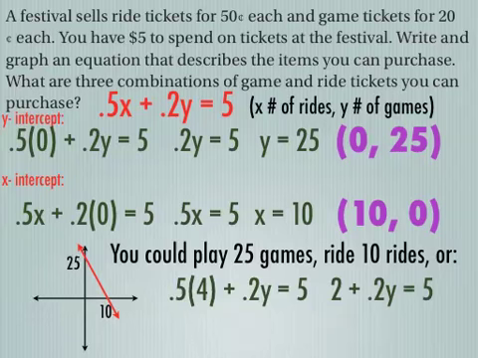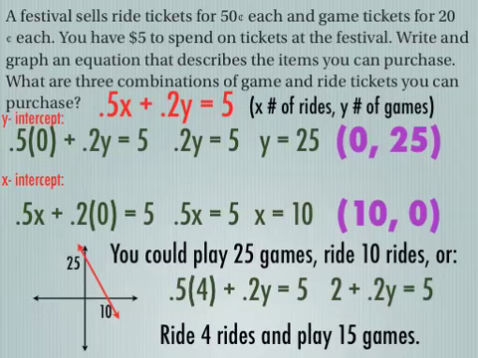When you solve for y here, you would find that y equals 15. Which means that you could ride 4 rides and play 15 games. That would be a third combination. You don't have to choose 4 for x and 15 for y. There are several other combinations that you could use.